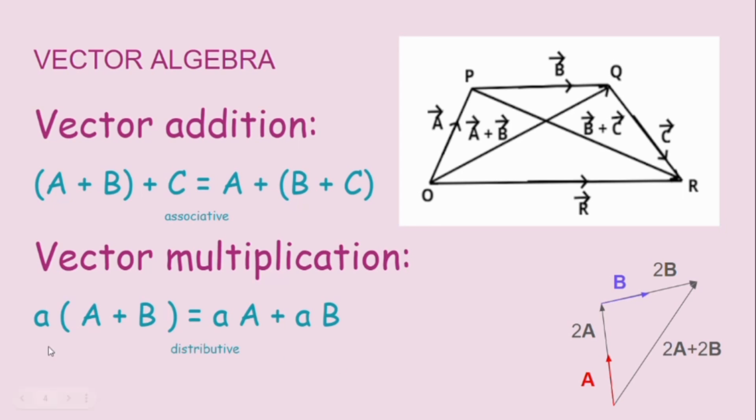On the left hand side we will have this case A and B and this is the A plus B sum. Now we will multiply this sum or resultant vector with 2 and its magnitude will become twice. Now you can see that the magnitude of both resultant vectors is the same.